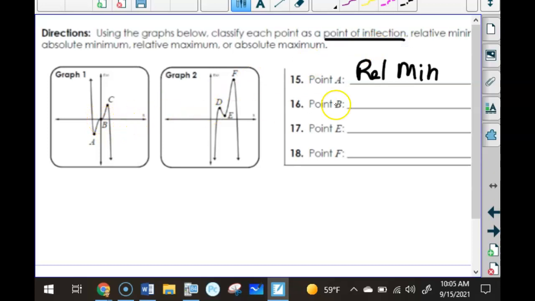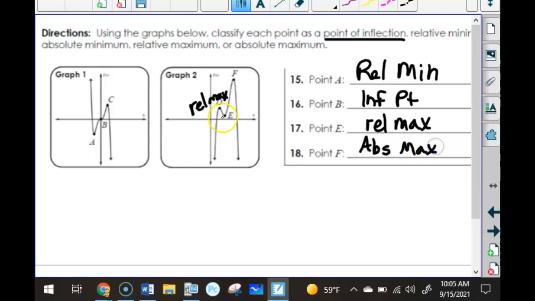It's called an inflection point, okay? C, what's C? Relative max. What's D? It's not on my list, but D is a relative max. What's F? Absolute max. And what's E? Relative min, because the whole graph goes down forever.